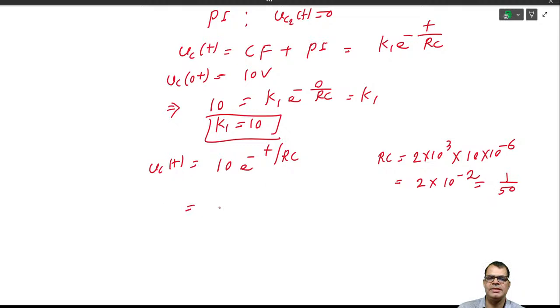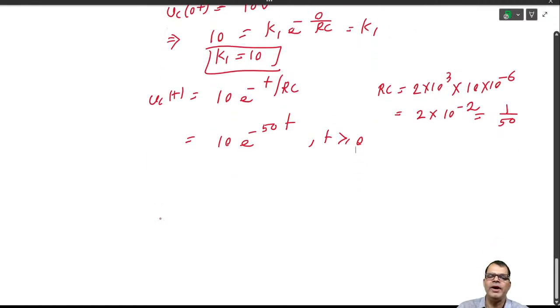So Vc(t) equals 10 e raised to the power minus 50t, for t greater or equal to 0.